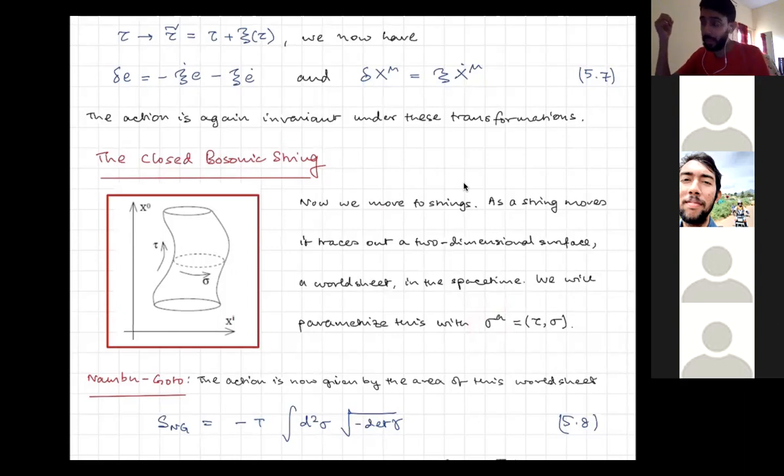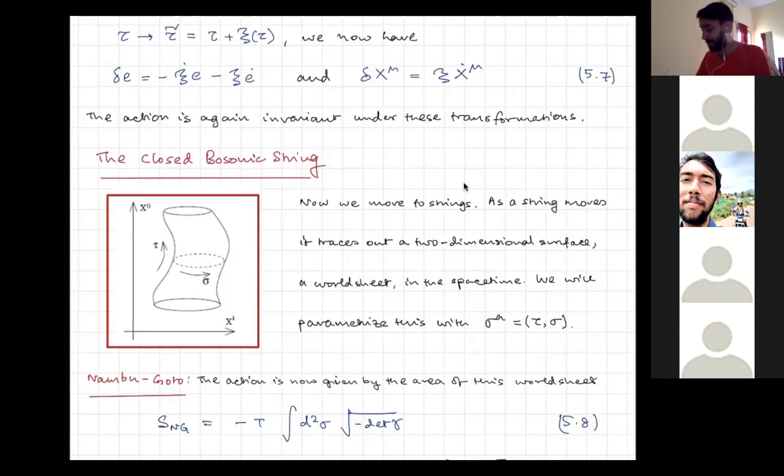Remember that the action of the world line was the length of the world line. For the world sheet, this is again going to be the area swept out by the world sheet.